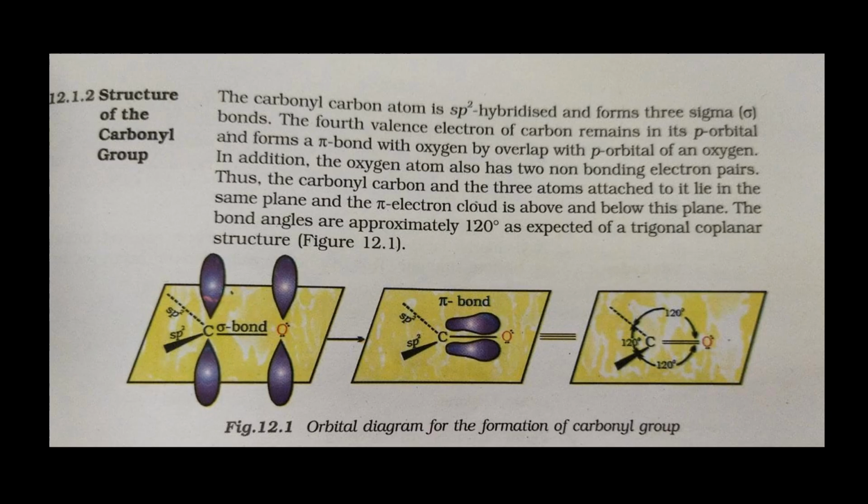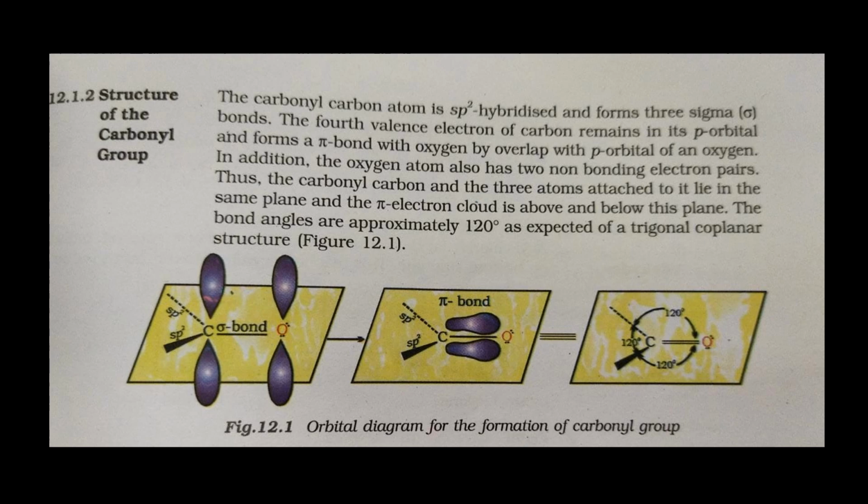12.1.2 Structure of the carbonyl group. The carbonyl carbon atom is sp2 hybridized and forms three sigma bonds. The fourth valence electron of carbon remains in its p orbital and forms a pi bond with oxygen by overlap with a p orbital of oxygen.